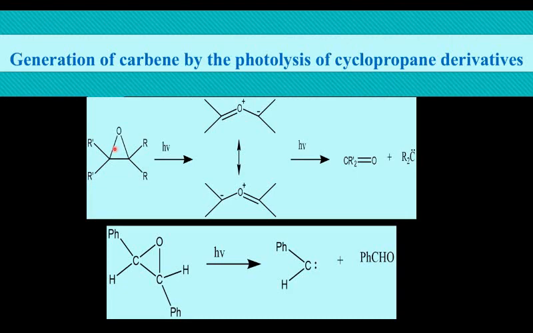Similar to cyclopropane, its derivatives can also produce carbene when irradiated. One bond is shifted in between carbon and oxygen, and a carbonyl compound is produced along with carbene. Here are two examples.